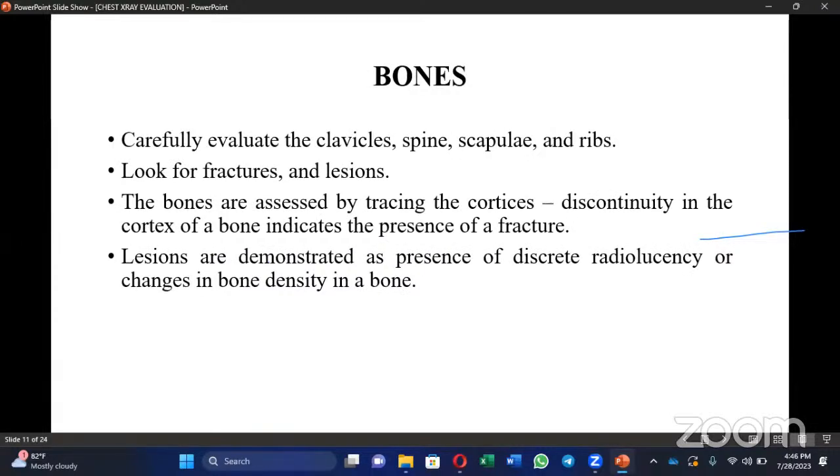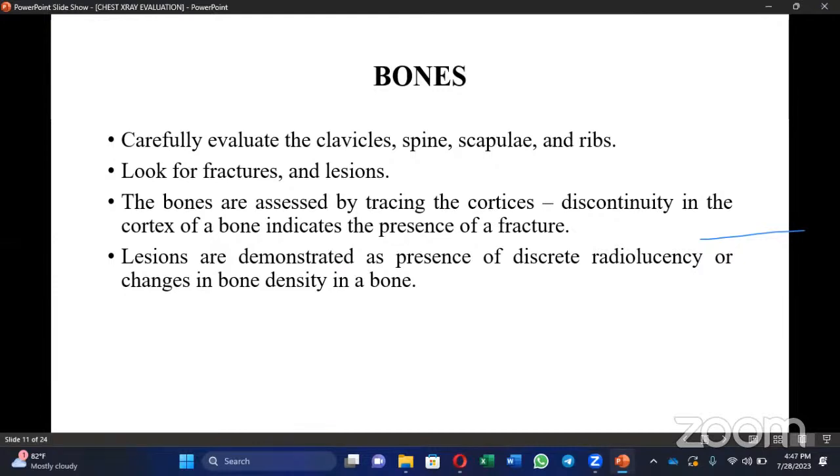B stands for bones. It means that for the B part, we should be able to evaluate any bone within our chest X-ray image. Within the chest X-ray image, we can find the clavicles, the spine, the two scapulae, left and right, and we can also look at the ribs.